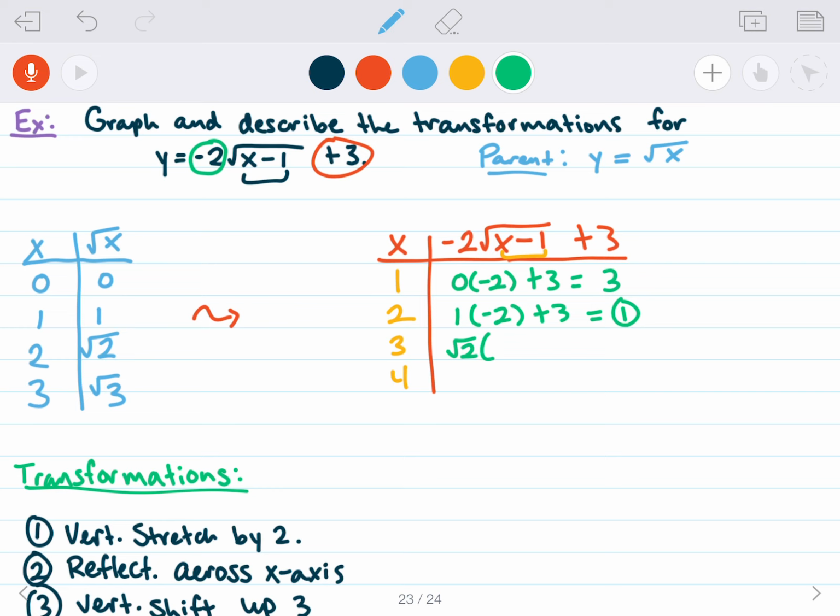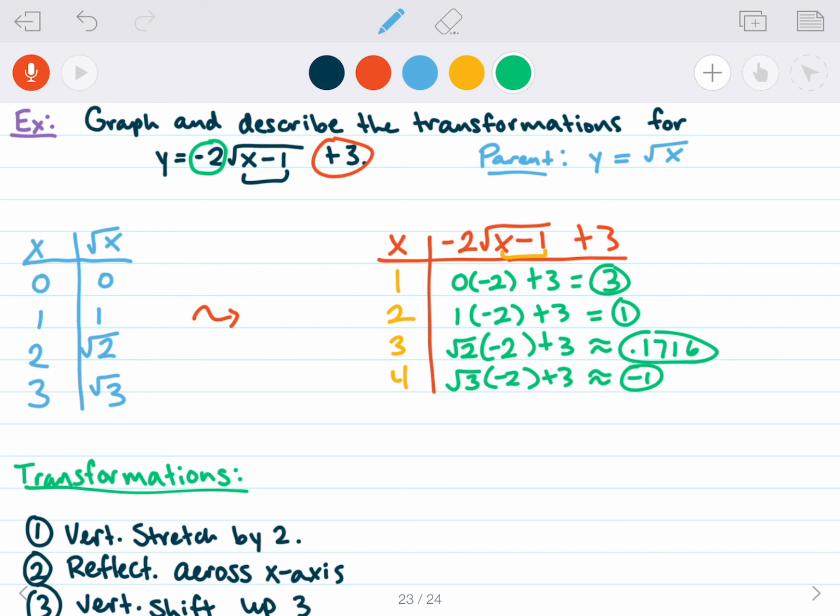Square root of 2 times -2 plus 3 is going to give me approximately 0.1716. And then square root of 3 times -2 plus 3 is going to give me approximately -1. All right, so those are my new points here.